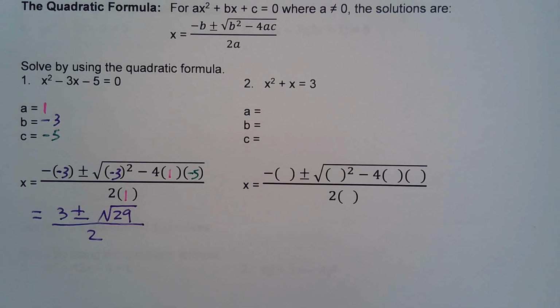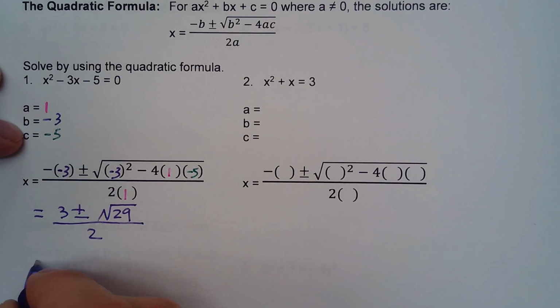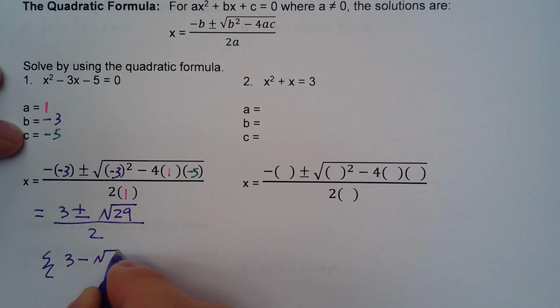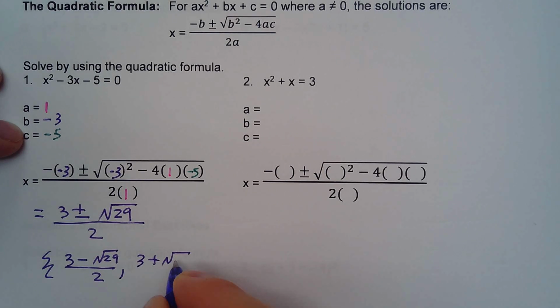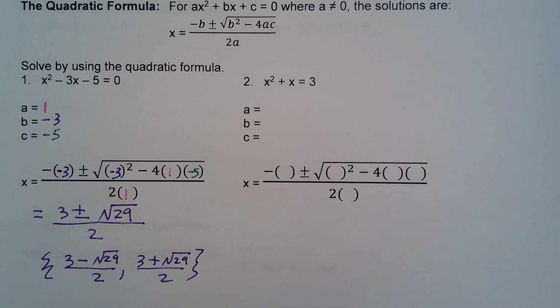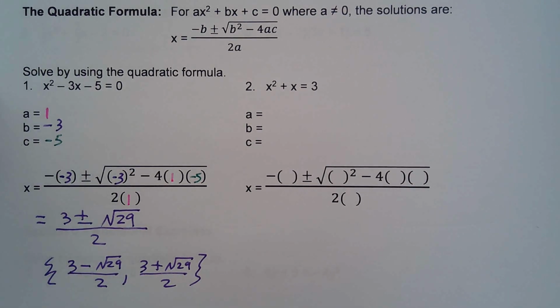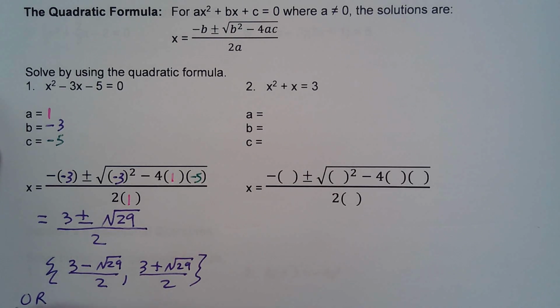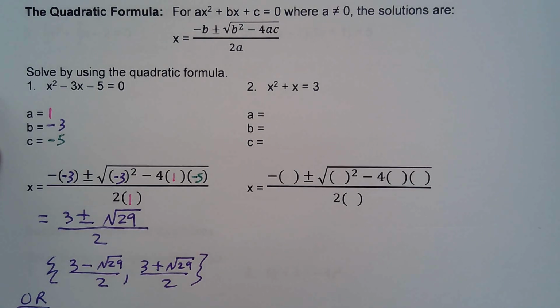Just keep in mind, there are two different ways we can write the answer. Sometimes you'll see they keep it all together, but they might separate them out. What they might do sometimes is write these fractions out individually.